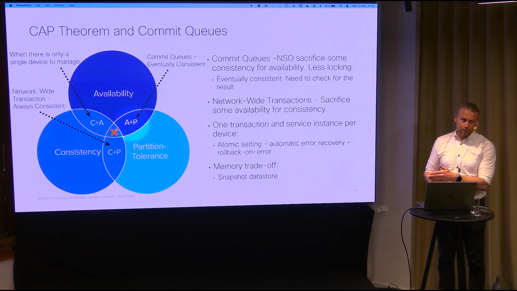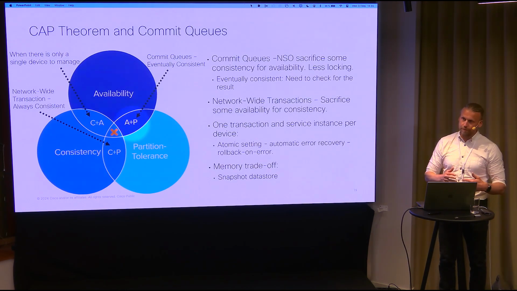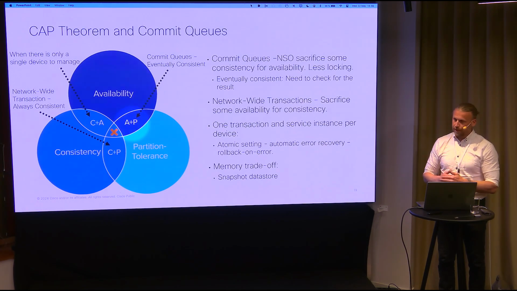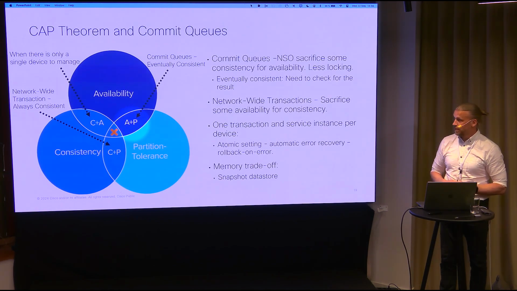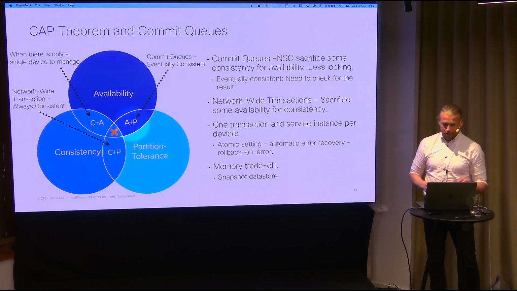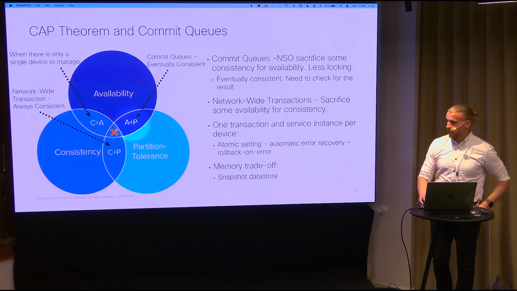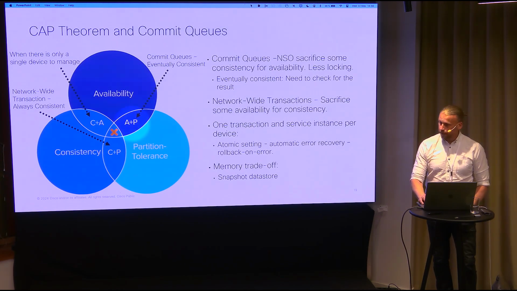You have probably turned on commit queue rollback on error, which will happen, but for a split second you will have something that is not verified to be correct on all devices. Some of the devices might have been updated, and now the inverse of that configuration needs to be sent to those devices that were updated, because one of the devices that you wanted to succeed didn't succeed. So you have a window of eventual consistency instead of full consistency like you have with network-wide transactions.